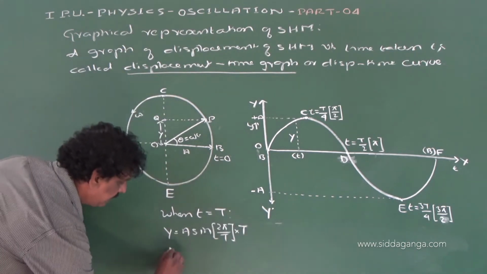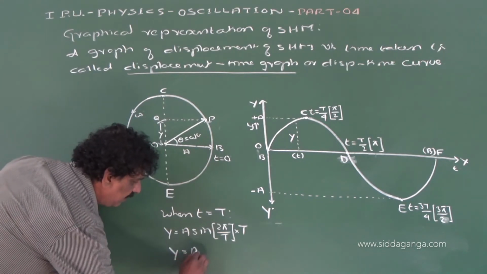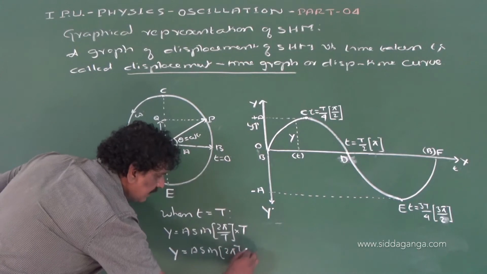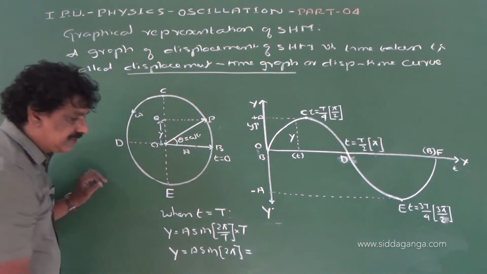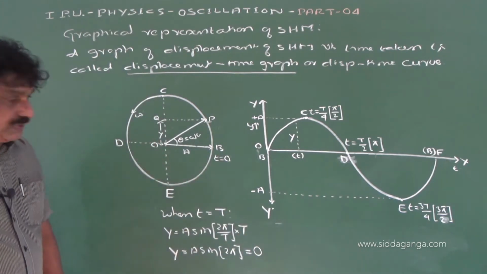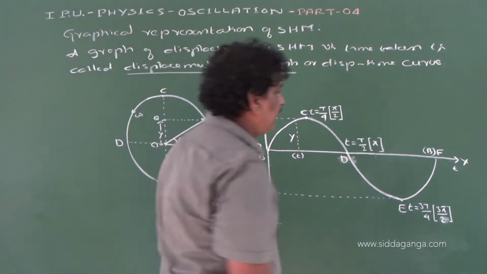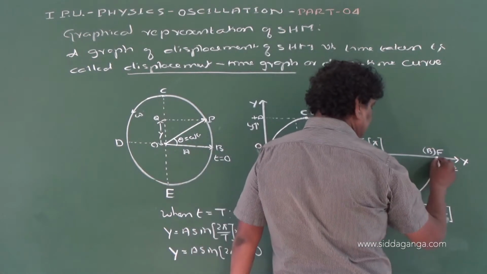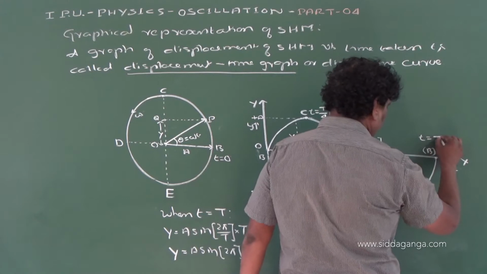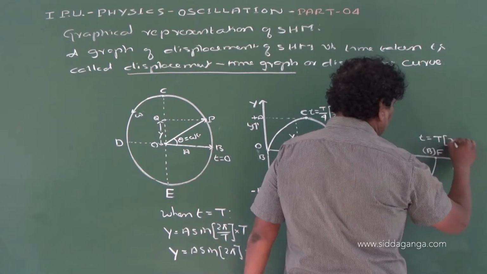T and t get cancelled. y is equal to a sin 2 pi, that is sin 360 degrees, that is equal to 0. So at position F, the time taken t is equal to T and the angle covered is 2 pi.